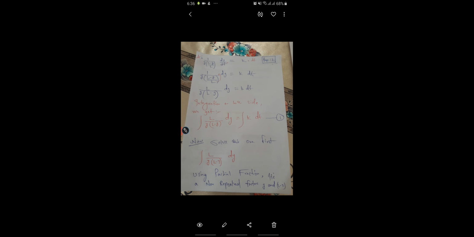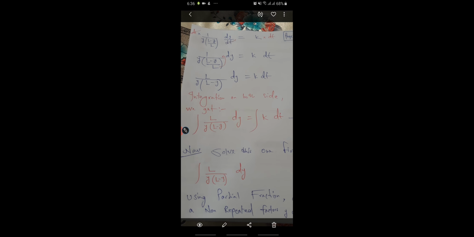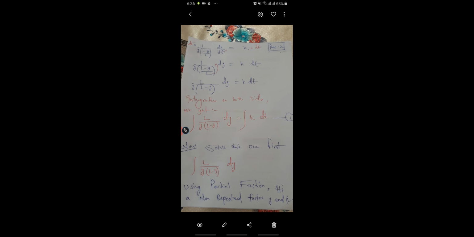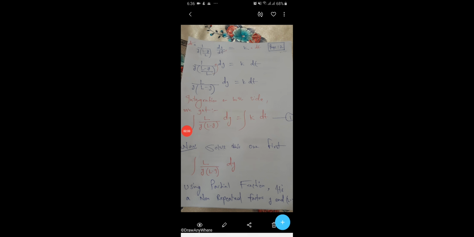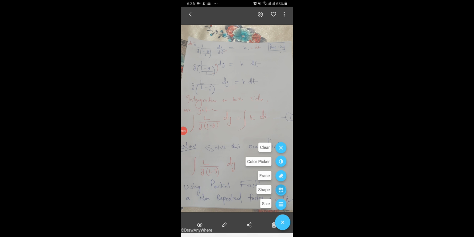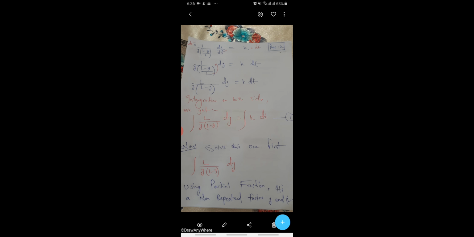After that, what I did, I just multiplied by dt on both sides. I did nothing, I just multiplied by dt on both sides.